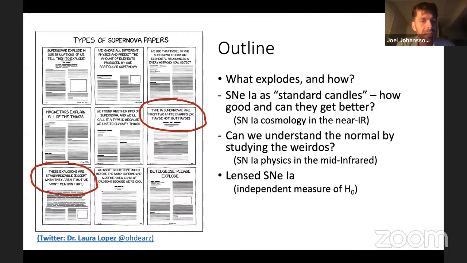And then also turn towards the astrophysical side of it, how we can learn what these explosions are from infrared, and in particular mid-infrared observations, for instance, with the James Webb Telescope. And lastly, if there's still time, it might seem out of place here, but I will talk a bit about lensed type Ia supernovae. Okay.